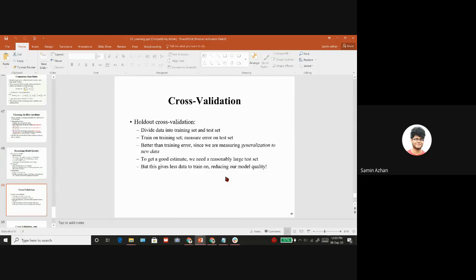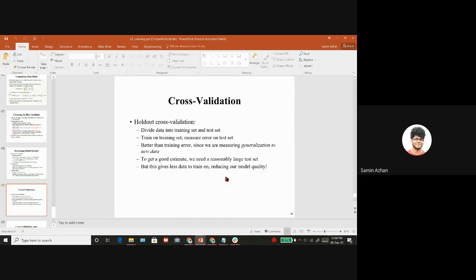So let's say if you have 1,000 rows of data, you can split that. Let's say you're using 800 to train your model, and then the remaining 200 to test your model. Then you can get an accuracy based on whether your model was successfully able to predict the remaining 200 correctly.